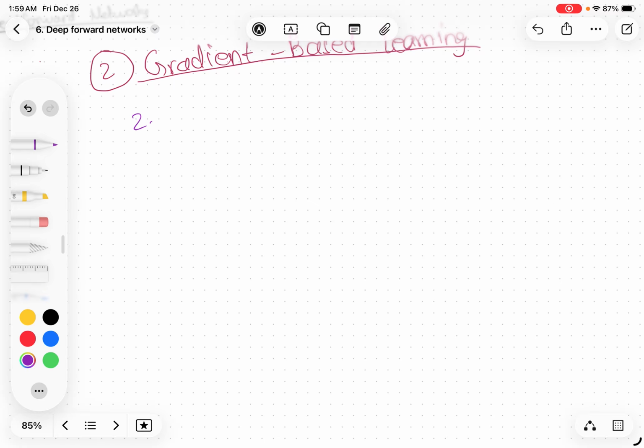So the first section in here will be cost functions. So what exactly is a cost function? A cost function just tells you the difference between your model and the actual value in the dataset.